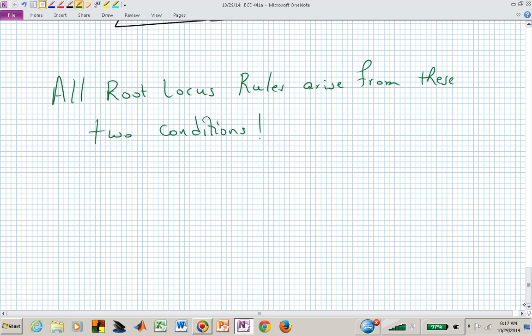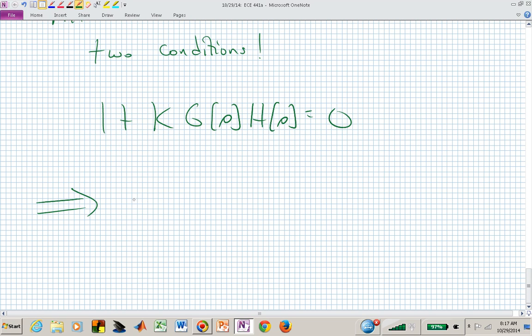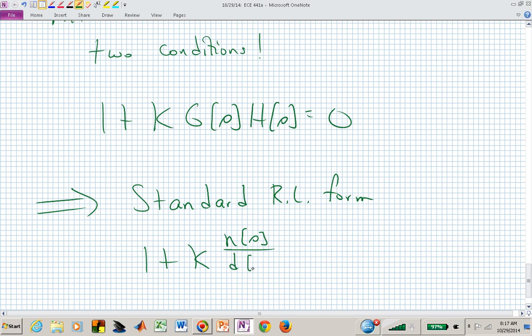So if we now have this expression, 1 plus k g of s h of s equaling 0, that's our characteristic equation, we will usually put that into, let's say, a standard notation, which is simply to agree that all of the numerator factors in g and h will just lump into one numerator polynomial, n of s, and everything that's in the denominator of g of s and h of s, we're just going to lump all of those factors into a new polynomial, d of s, just to simplify our terminology or notation.